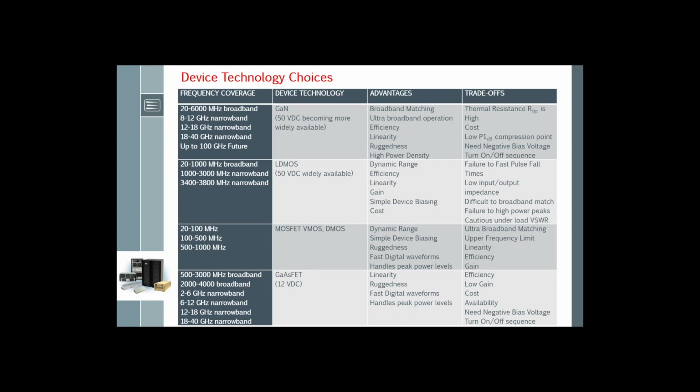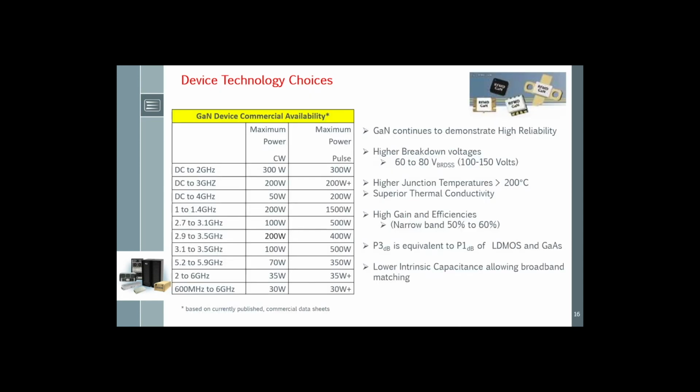I'm not going to go through every element on this slide, but we've included it in the deck for completeness, and to map out some of the things that you as a power amplifier module consumer might want to be aware of or ask about, depending on the modules you're looking at. The next slide goes into a lot more detail on gallium nitride on silicon carbide, and I'm going to leave that to Paulo.